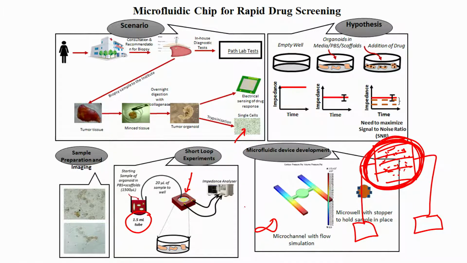Let us say I have a 100 kilo ohm impedance value, Z equals 100 kilo ohms. Z equals infinity when there are no cells. When I place the cells, my Z becomes 100 kilo ohm. Now, if I load drug 1, what will happen? What is the role of a drug? The role of a drug is to kill the cells.